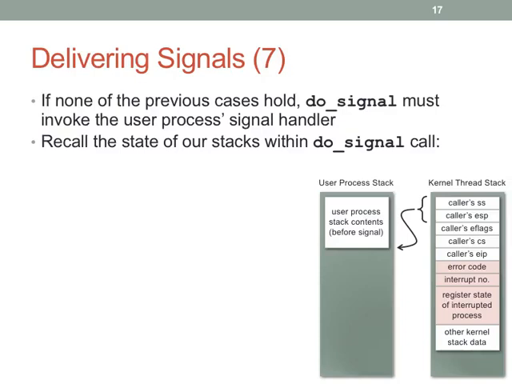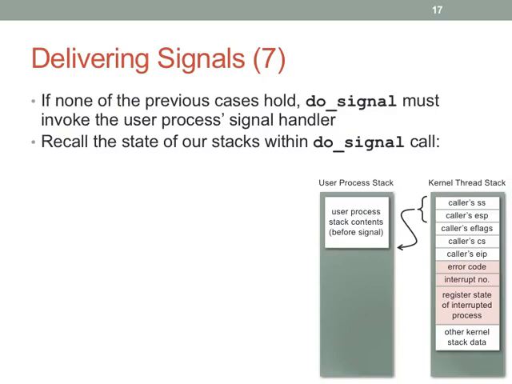Stack frames that are generated from function invocation. Then we end up with all this stuff from either trapping or interrupting into the kernel for the process. So we have the register state of the interrupted process saved by the interrupt dispatcher for the OS, interrupt number, error code, or a dummy error code, depending on the situation.